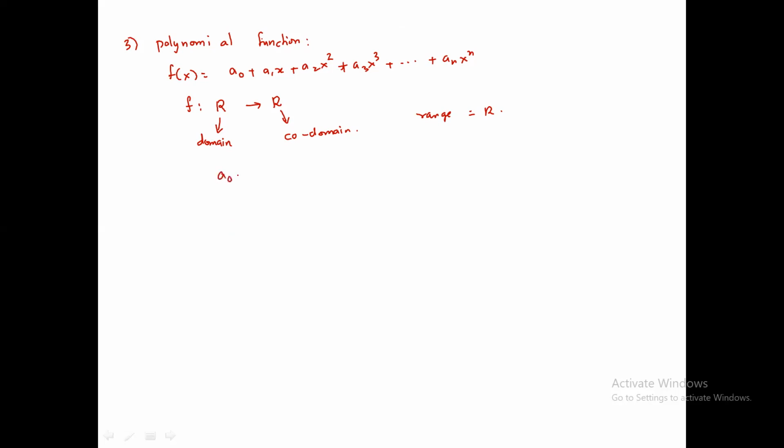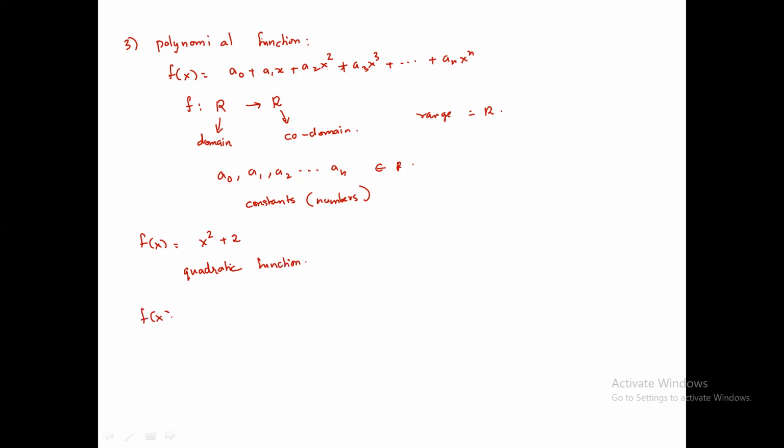What are these a0, a1, a2, an? These all are constants. These all are numbers. And they are nothing but real numbers. All these belong to set of real numbers. So polynomial functions are of many types. Suppose if I write the function x square plus 2, this is a quadratic function.